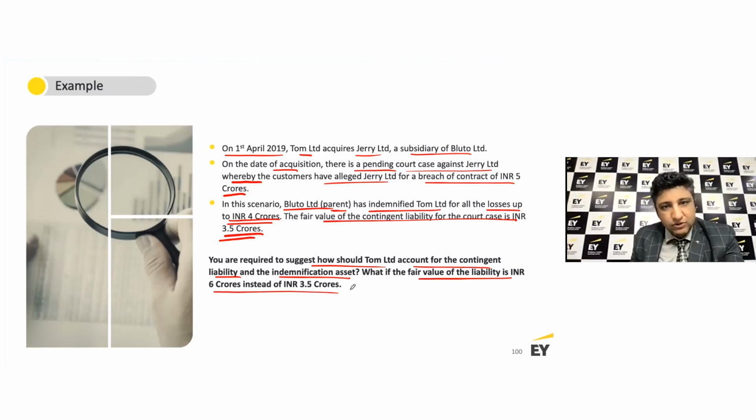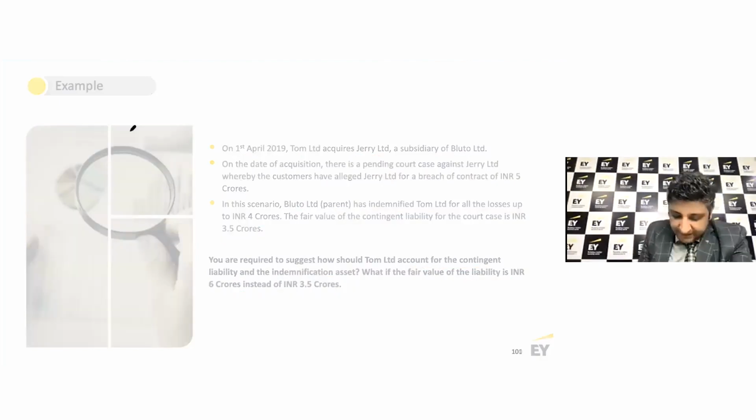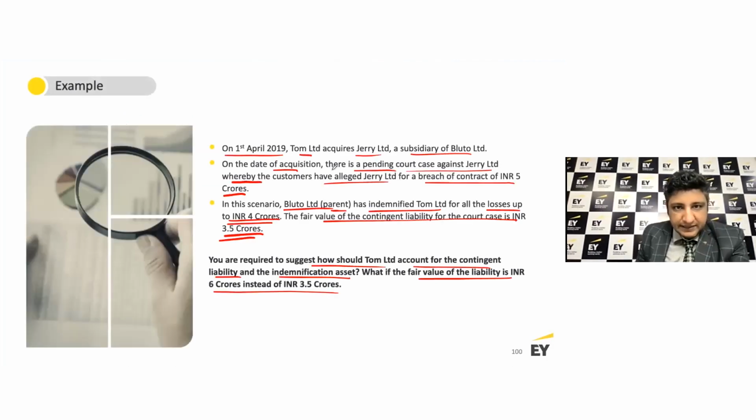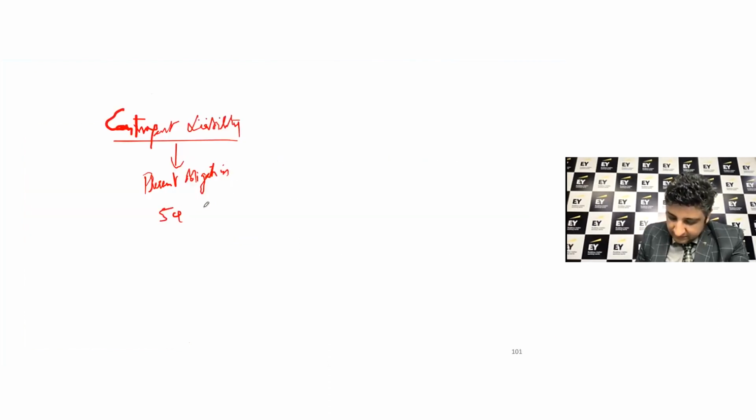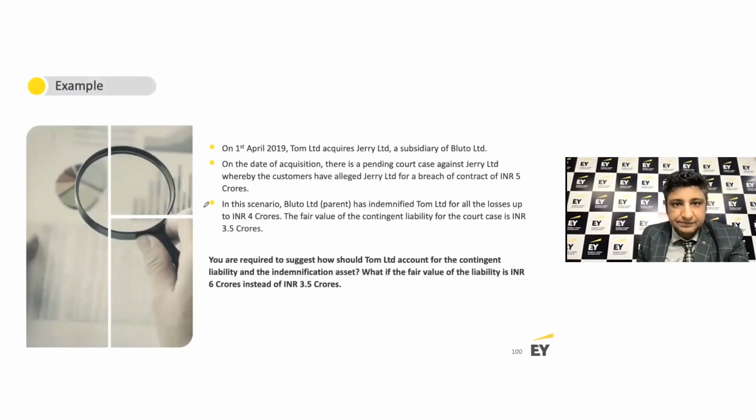Now, importantly, you bring again the thought process as far as the contingent liability is concerned. If there exists a present obligation, right? In this case, of course, there's a court case going on and there's an expected breach. So to that extent, this becomes 5 crores, okay?